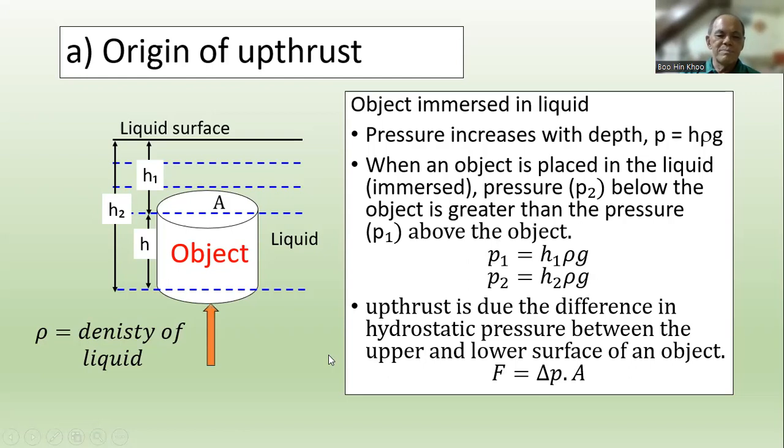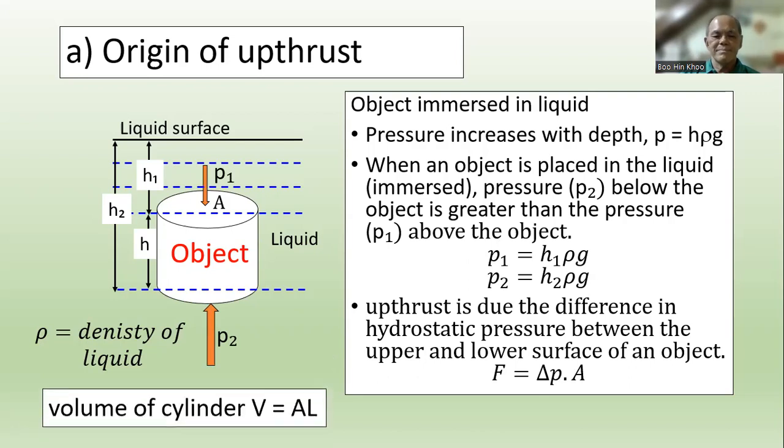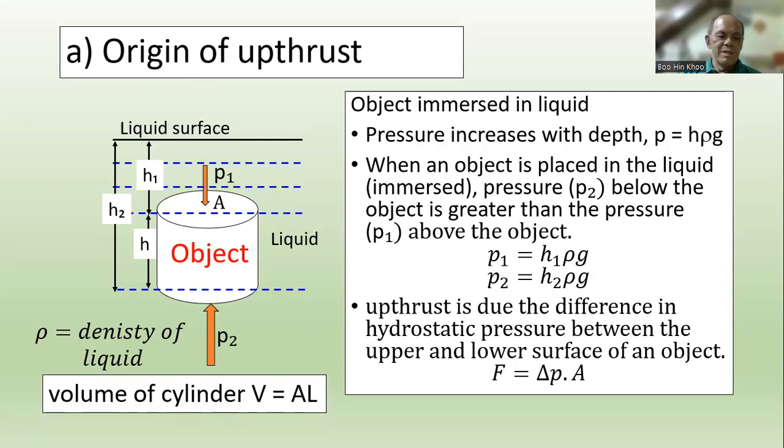There's your P2. This is your P1. And volume of cylinder is AL. We're just using this formula, where we cross multiply.